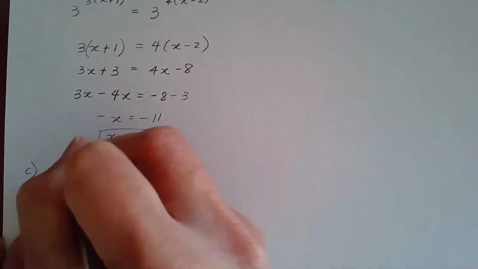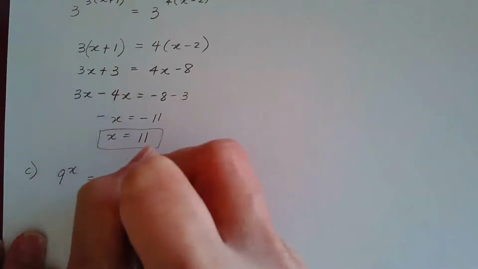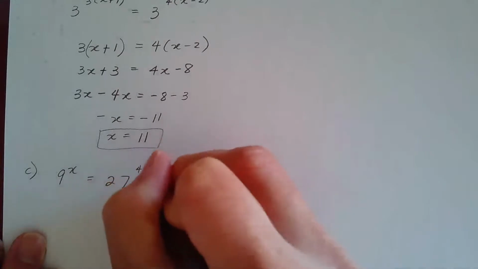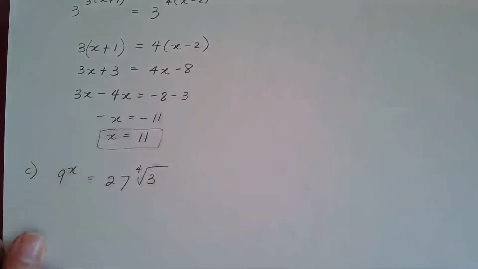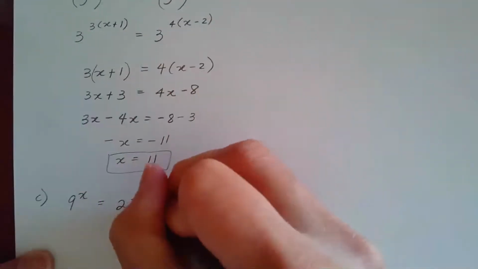9 to the x equals 27 times the fourth root of 3. Oh my goodness. Okay, so this one is going to be interesting.